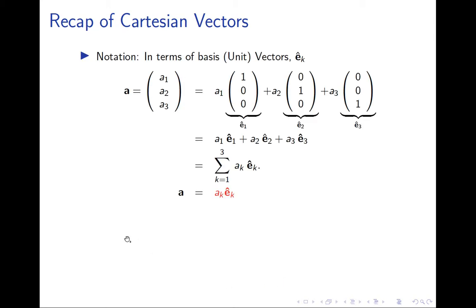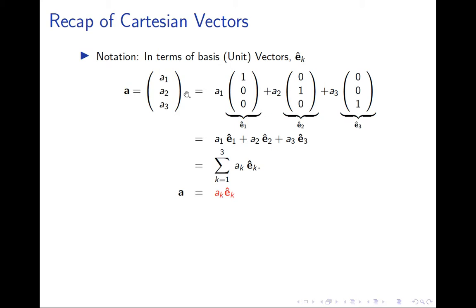Okay, we also introduced some more notation in which we wrote the vector in terms of a preferred basis. Because this is a three-dimensional vector, we will need a basis comprising three elements, three special vectors, e hat 1, e hat 2, and e hat 3.